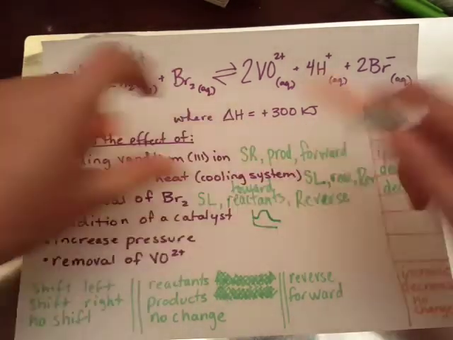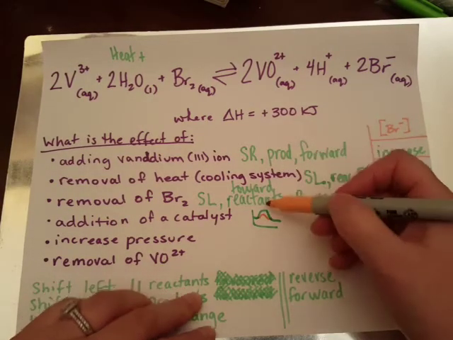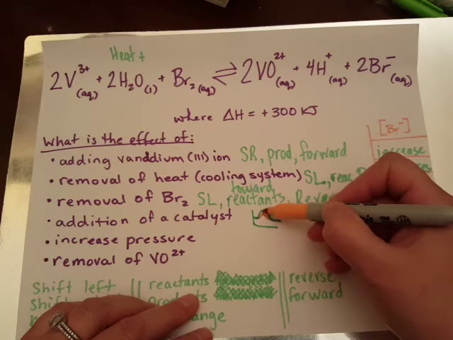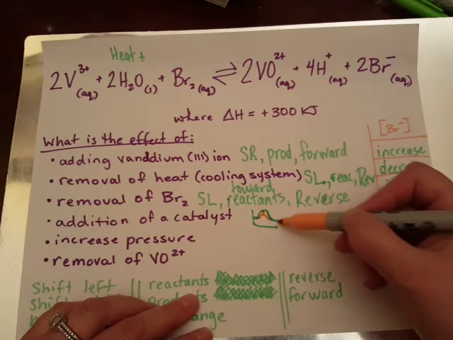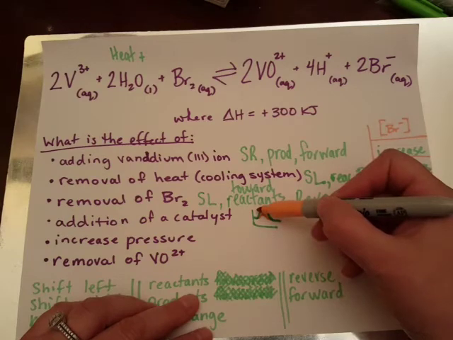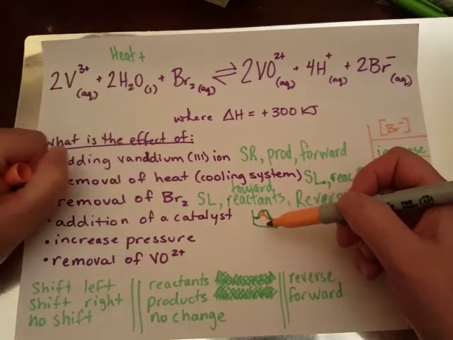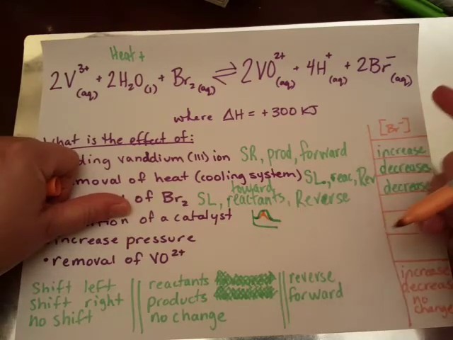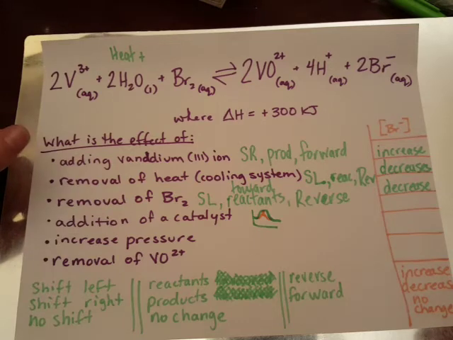So not only, let's add a catalyst here. Not only will the activation energy be lower for the forward reaction, but also for the reverse. So the forward reaction will happen faster than it normally would, but also the reverse reaction would happen faster than it normally would.